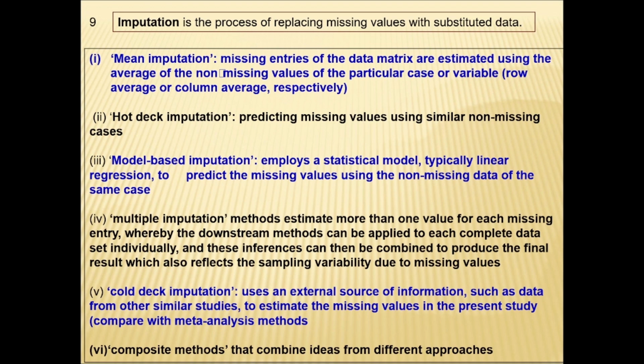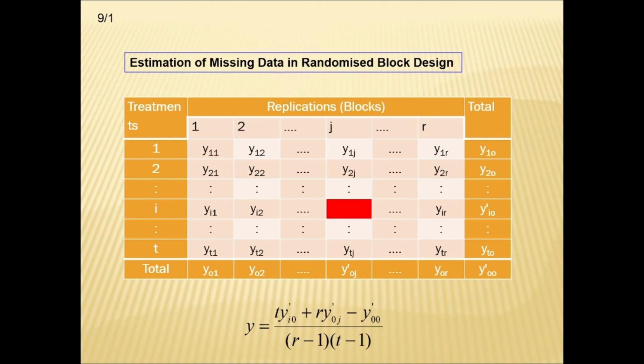Then again, with multiple models, multiple imputation methods, the same thing is repeated. Another method uses an external source. You are using meta-analysis, big data analysis, and meta-analysis is playing a havoc role in this type of imputation method. So you can have different types of data imputation methods.